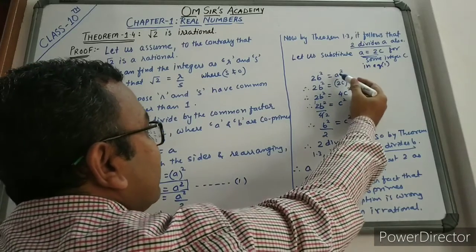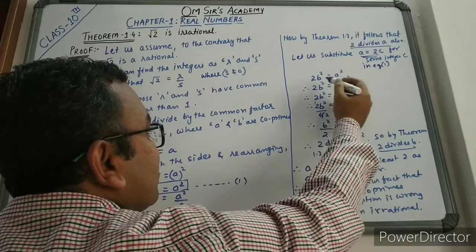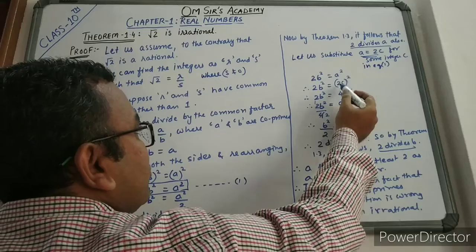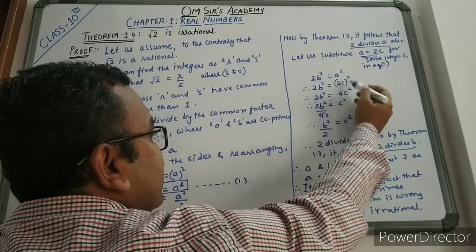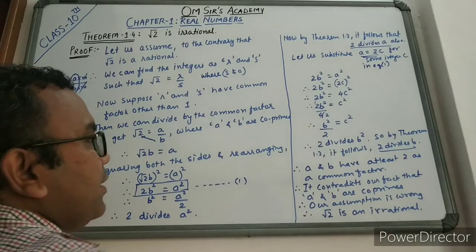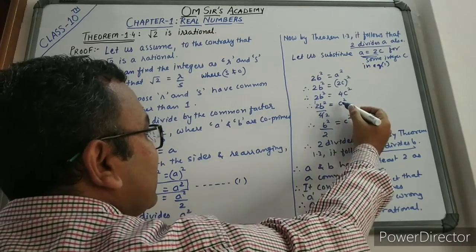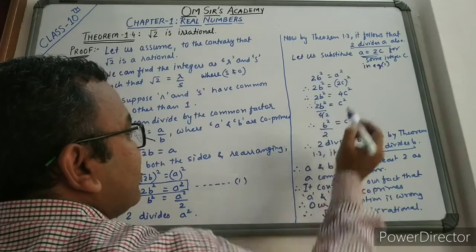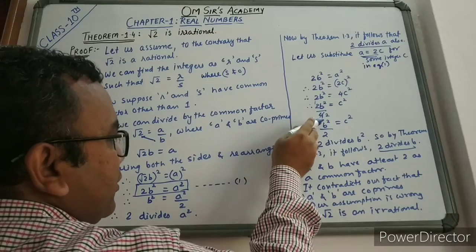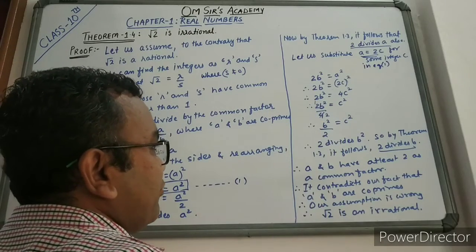So instead of a I put 2c over here, so it will be 2c the whole square. So 2b square equals, 2 का स्क्वायर 4 and c square will be c square, so 2b square equals 4c square. Okay, now this 4 I am taking to the next side, so c square equals 2b square upon 4. Then it will be b square upon 2 is equal to c square.